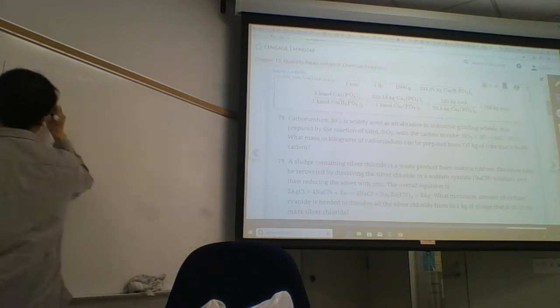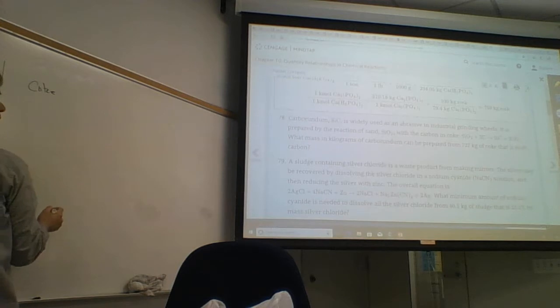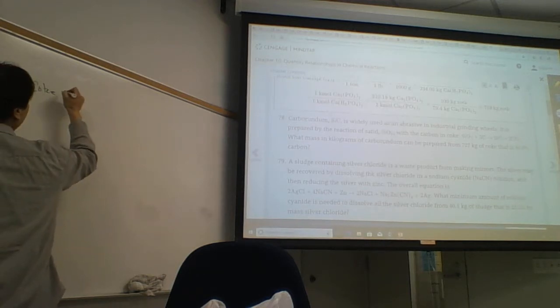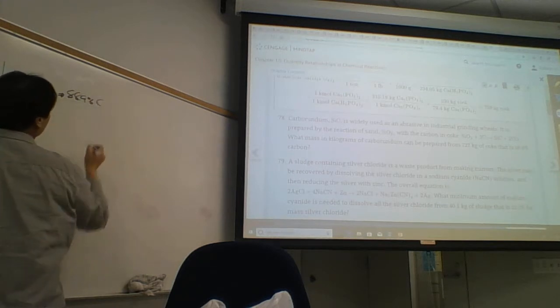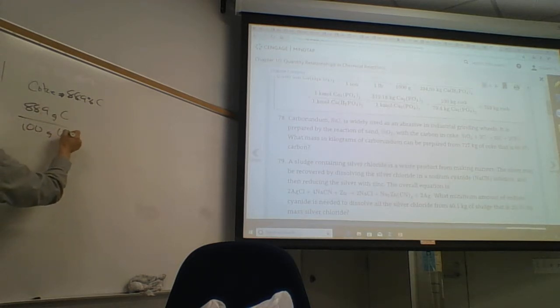First, we're dealing with a mixture called coke. Coke contains 88.9% carbon. That means this. I have 88.9 grams of pure carbon for every 100 grams of coke.